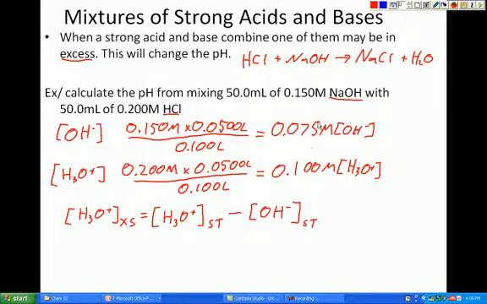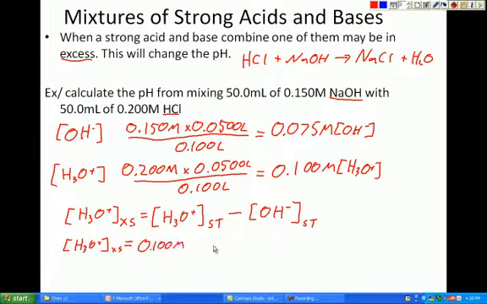So the amount that is in the beaker, because these two are going to react, and then the new concentration of H3O is not going to be 0.1, because a bunch of this is going to react with this, and it's going to neutralize and produce H2O and of course NaCl. But some of this is going to be left over, so we need to figure out how much is going to be left over.